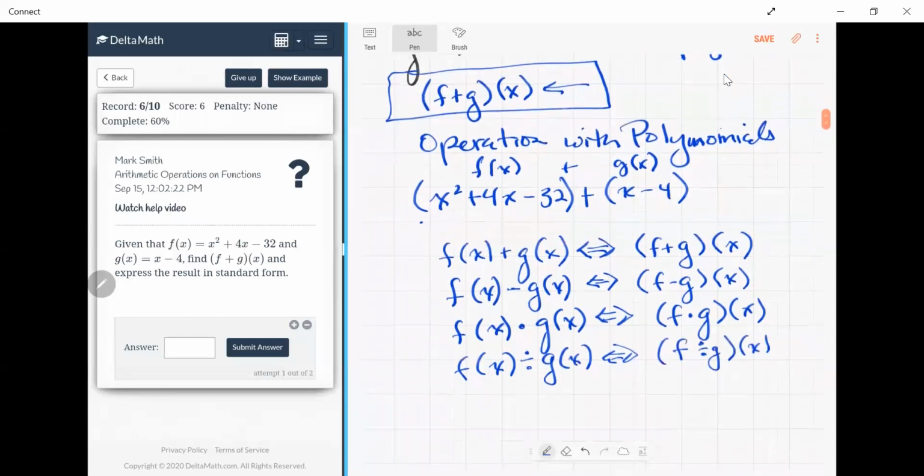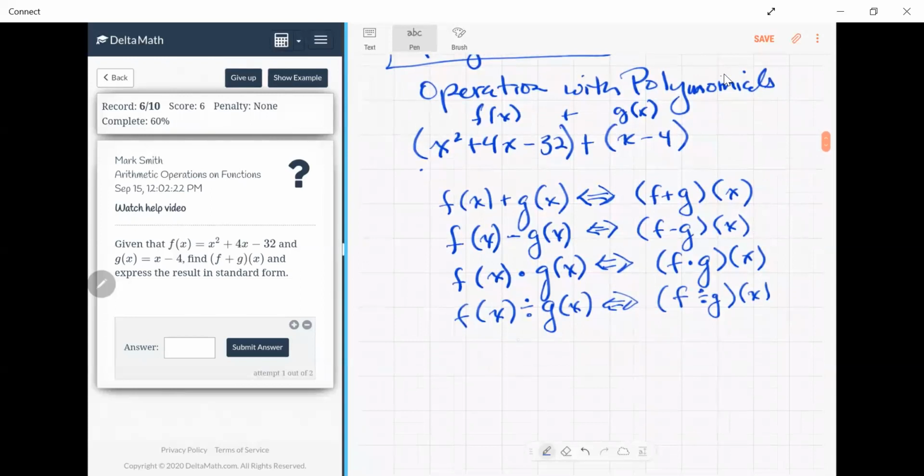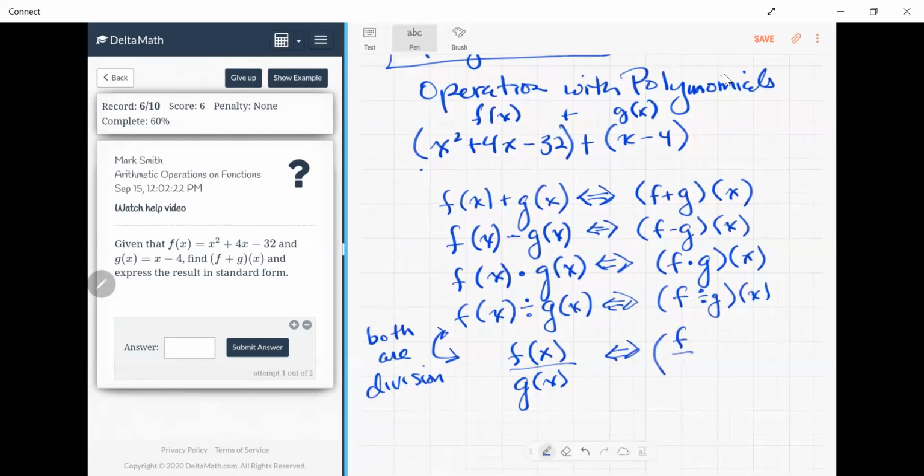This last one, division, can also be expressed this way. We could get this notation that says f of x over g of x. Both of these are ways of expressing division, and in that case, we could also see f over g of x.